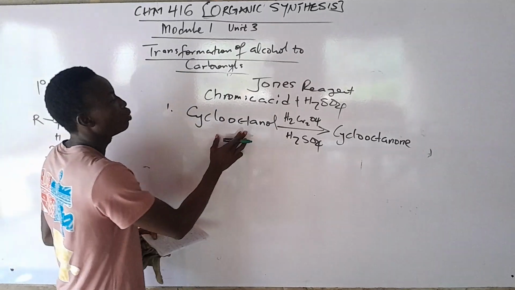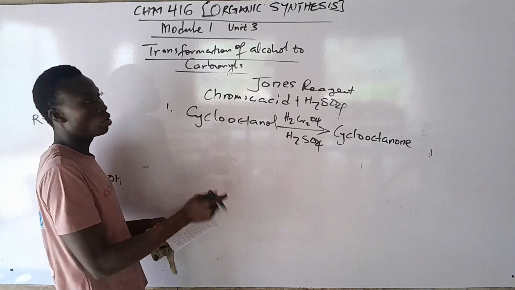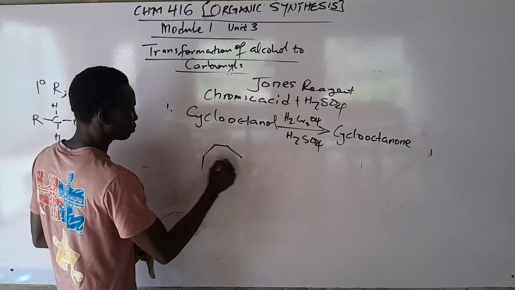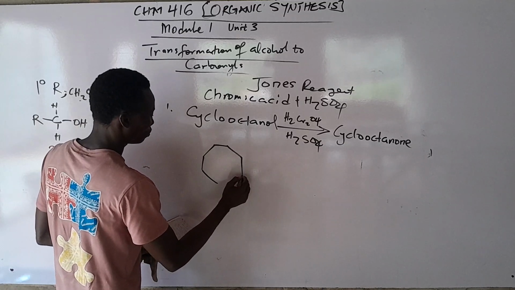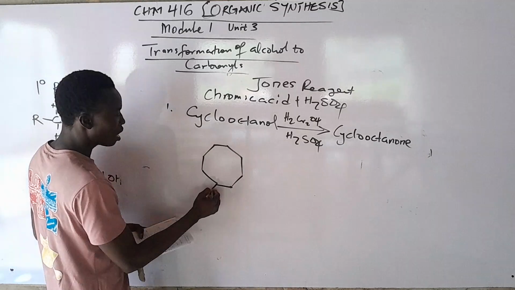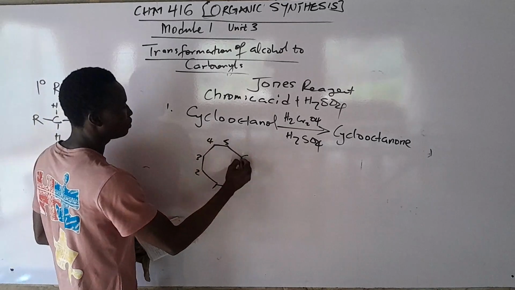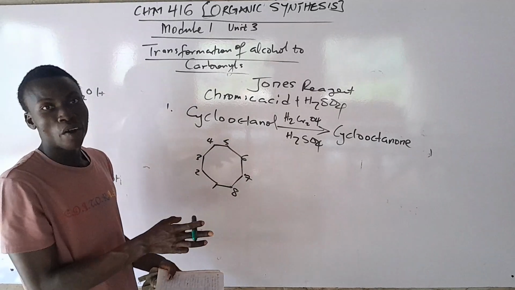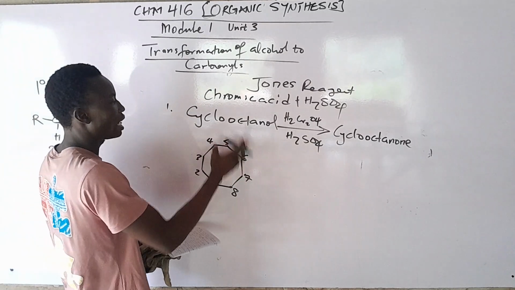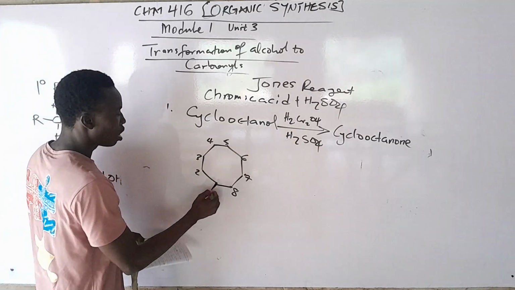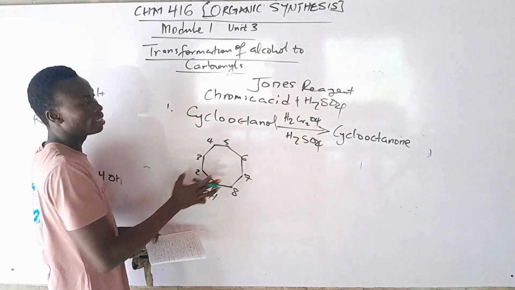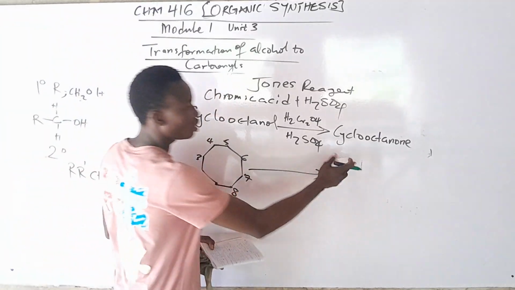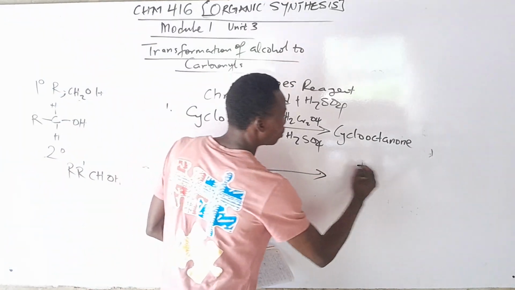For cyclooctanol, you need to draw the structure, an octagonal ring. If you check this out, 1, 2, 3, 4, 5, 6, 7, 8. That is the octagonal ring. Then in any position, you place the OH. This is the structure of cyclooctanol. Then it is converted to cyclooctanone, and we are going to have this.